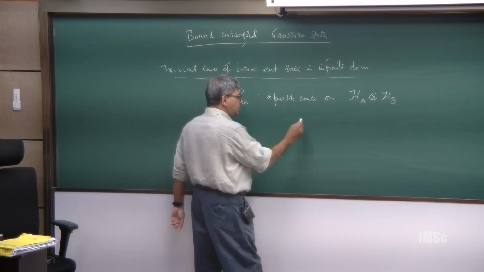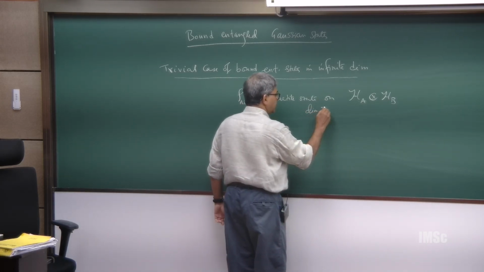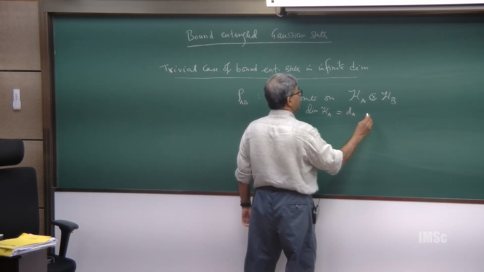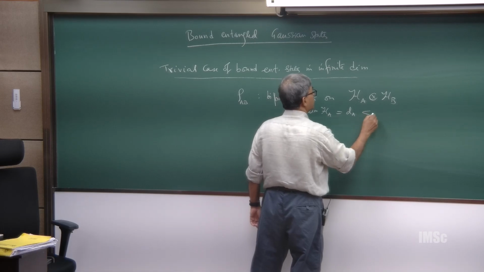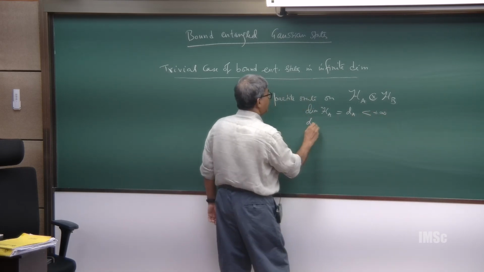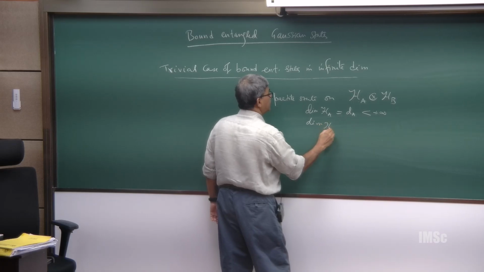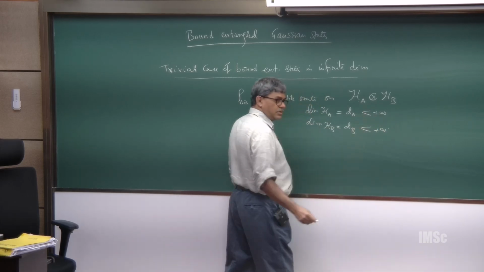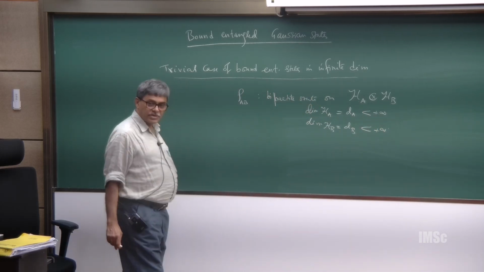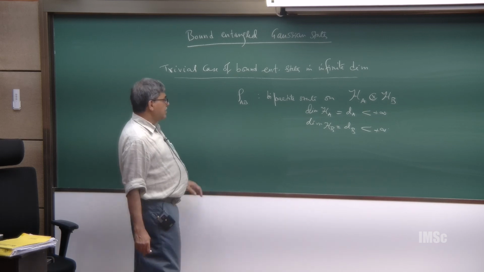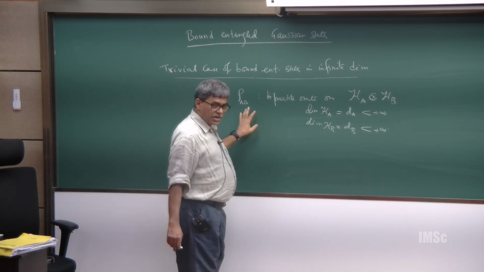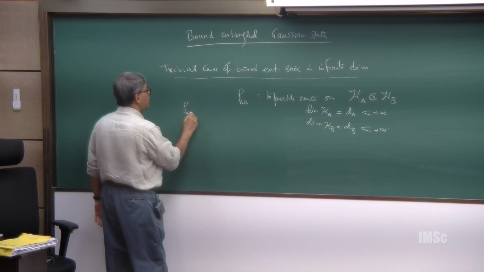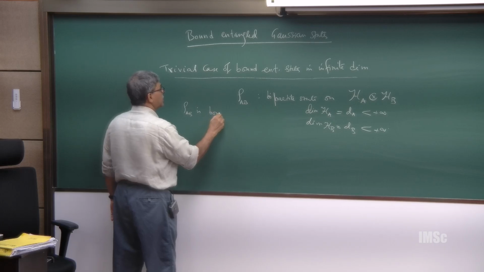So, the dimension of H A, let me call it d A, is finite, and similarly the dimension of H B, which is d B, is finite. Both of them are finite dimensional. And let us assume that rho A B is bound entangled.